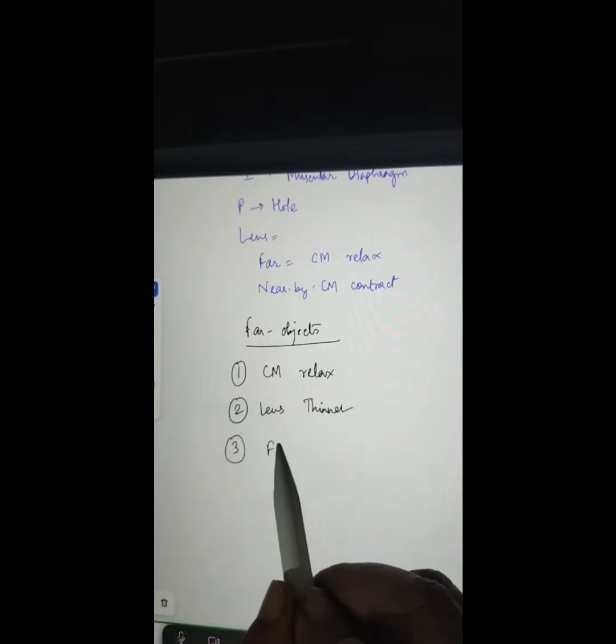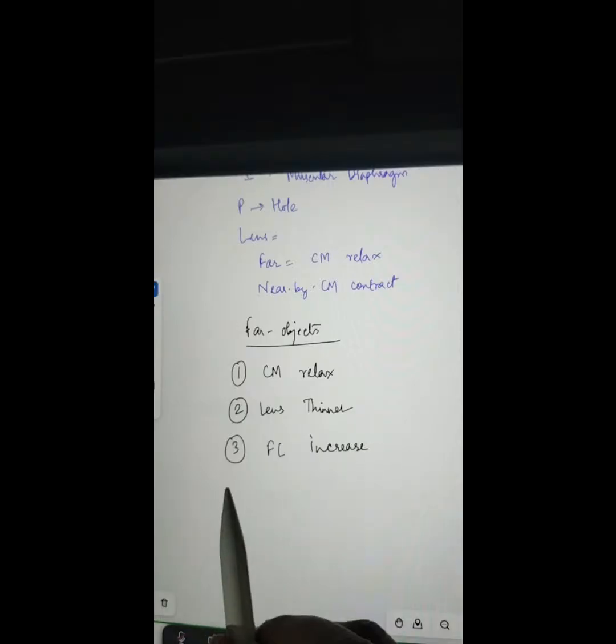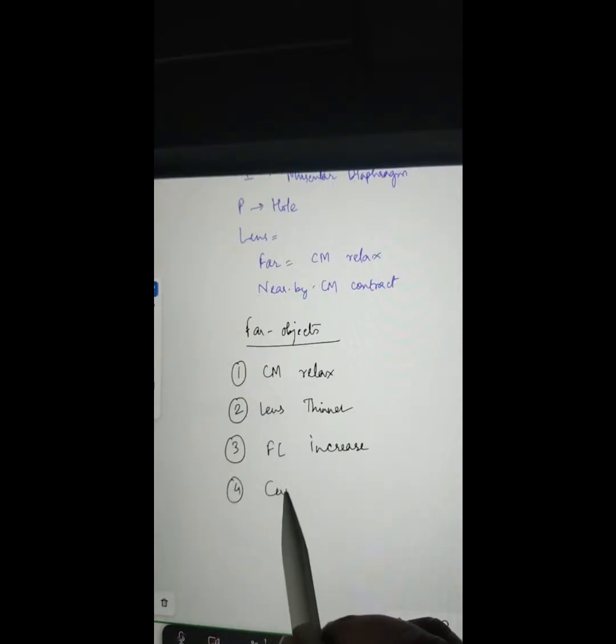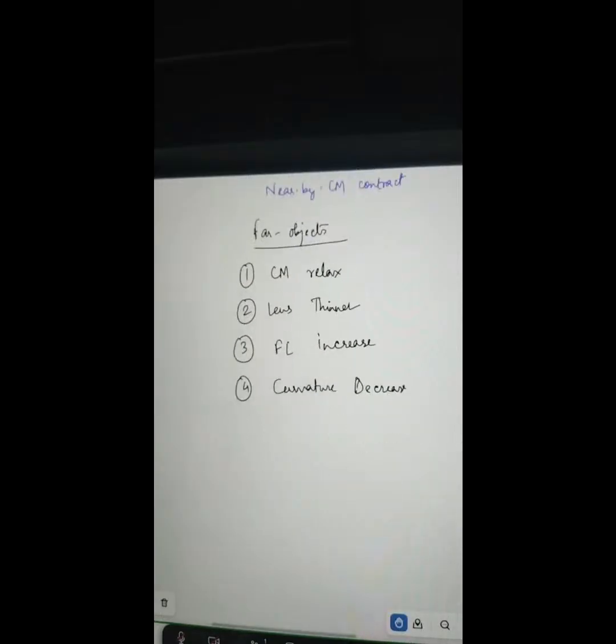Okay, and the focal length, FL means the focal length, will increase, and the curvature of the lens will decrease. So these are the things that you need to keep in mind if you are observing the far objects.